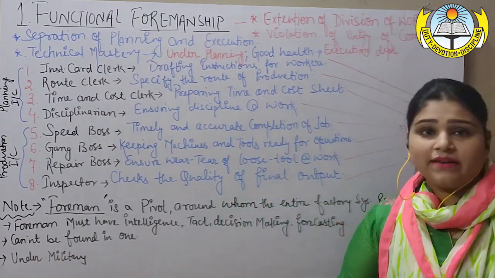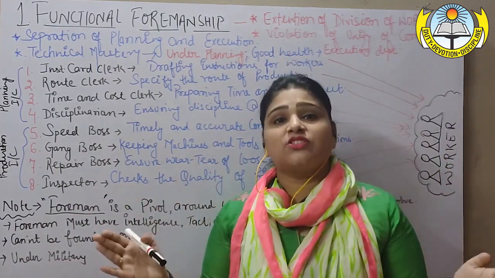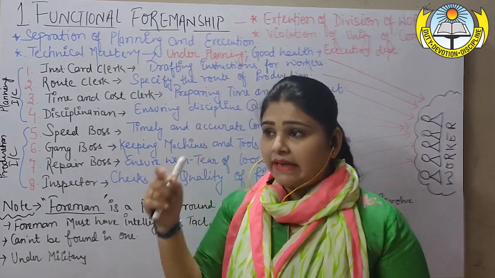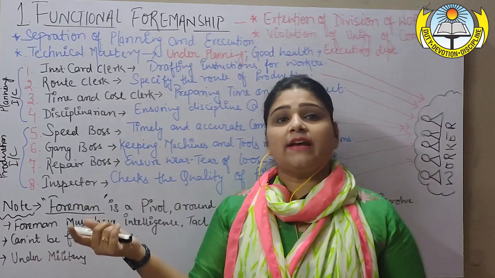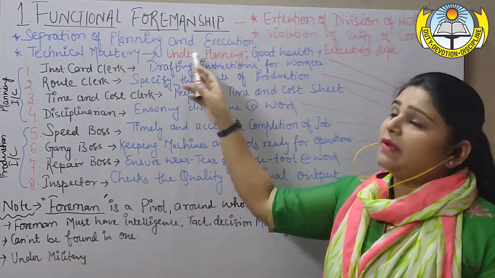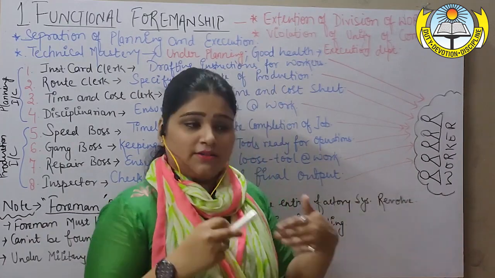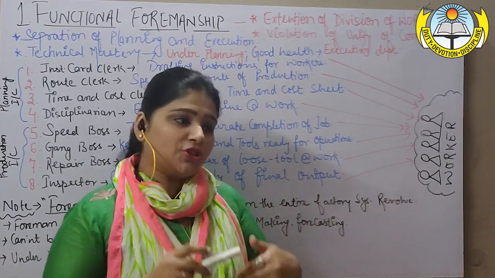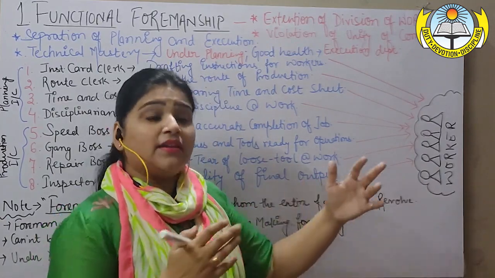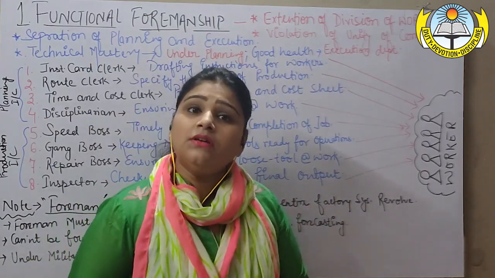Therefore, he came up with an idea: let us divide the entire organization into two major parts. The people who are technically good, those who are good in intellectual capacity, decision making and foresight must be kept under the planning department. Whereas the people who are good in the production area, with good physical health, who can take the pressure and have the decision to handle the production situation and mechanical skills, can be kept under the execution department.